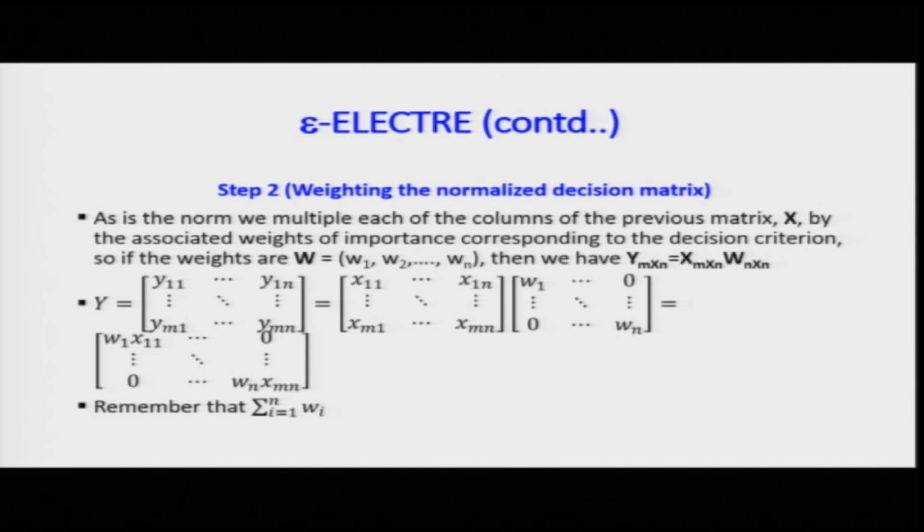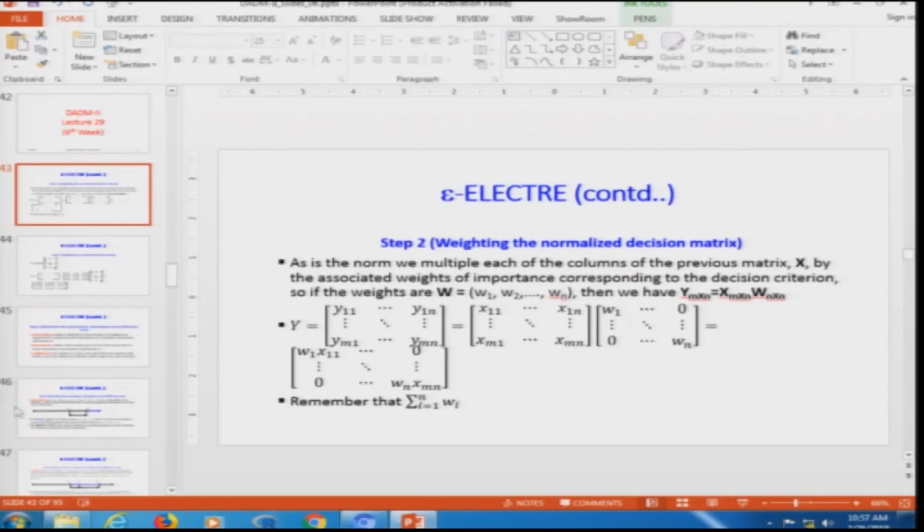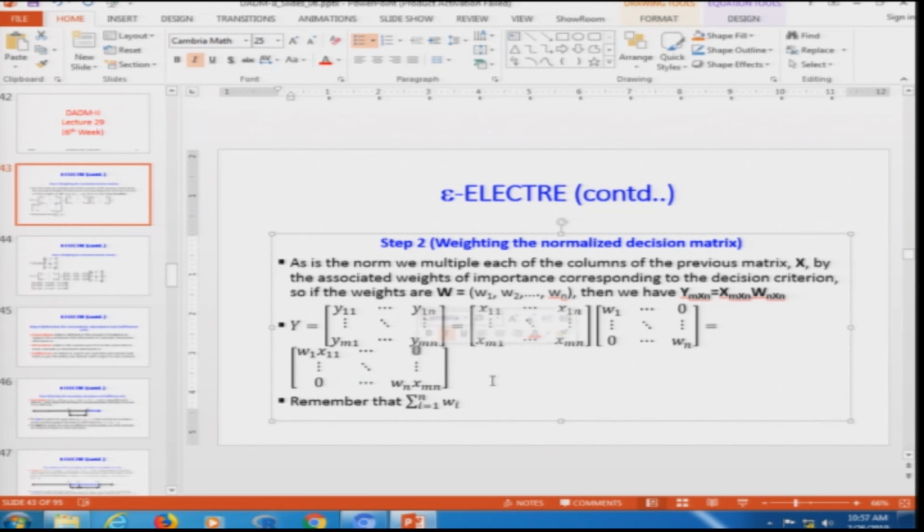Just 1 minute, I think I should have calculated accordingly. These values are not 0, my apologies. Because if I am multiplying the first cell, and when I am multiplying the last values, it should be x11 into Wn. So, I will copy Wn here. So, it will be x1n.